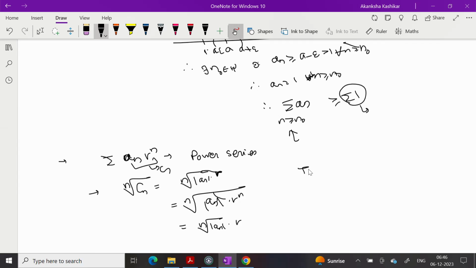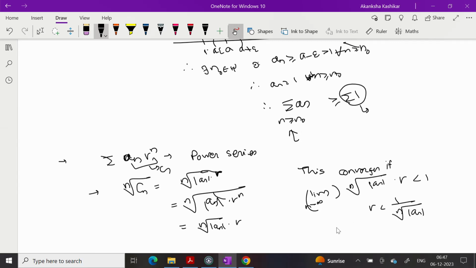So this converges if the limit over n going to infinity of the nth root of mod a_n, into r, is less than 1, that is, r is less than 1 upon the nth root of mod a_n.